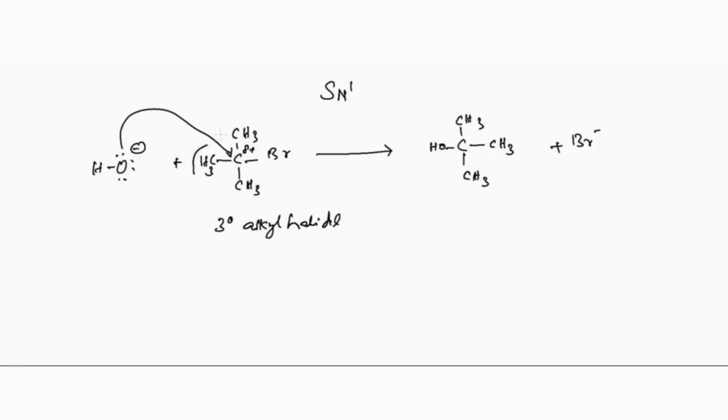So these groups will create the steric hindrance. Okay, so this will not allow the nucleophile to attack. As a result, this reaction is not possible by the SN2 mechanism.